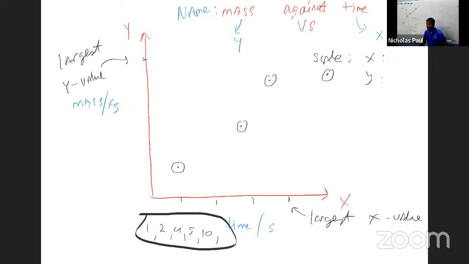So your line has to give you a picture of where your points are painted. Where else could we go? What we could do is something like this. This one is a little bit far, so let's come down a little bit.